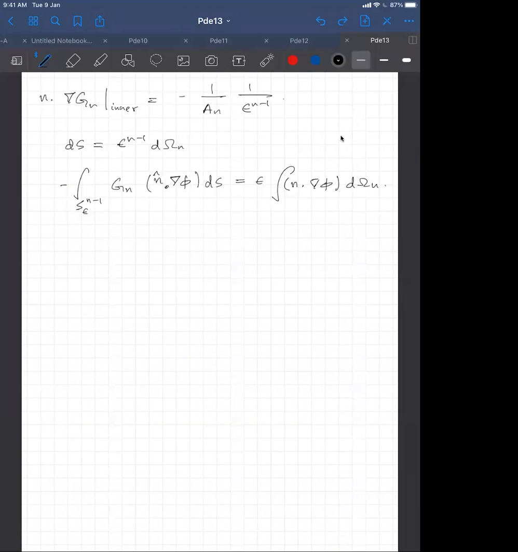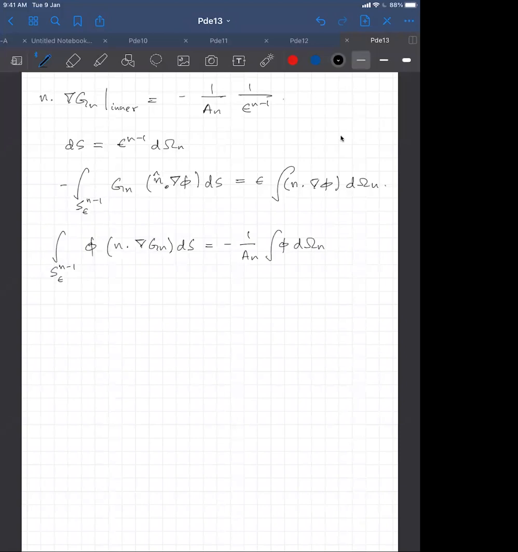So the integral over S epsilon n minus 1 of phi, n dot del Gn ds is going to be minus 1 over an times the integral of phi d omega n.